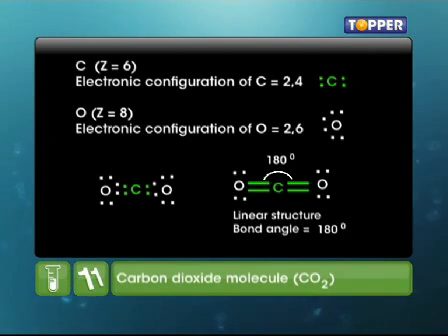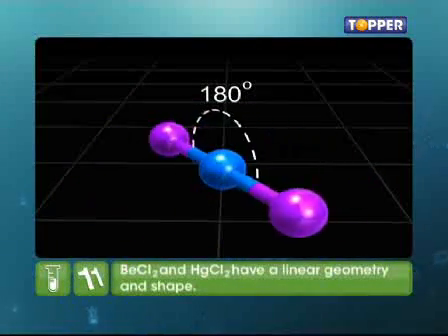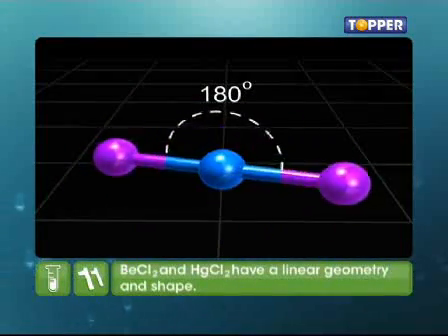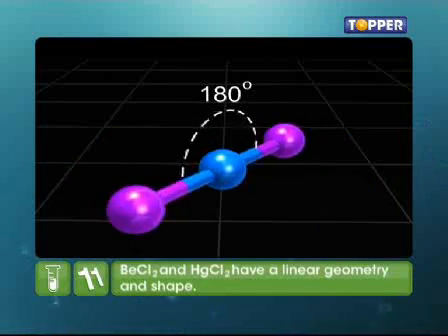Also notice it has no non-bonding or lone pair electrons. So the maximum separation is possible only when the two regions representing the two double bonds are in a linear shape. For this reason, its geometry is similar to its shape. Beryllium chloride and mercury chloride are the other two examples of linear geometry and shape but have single bonds.